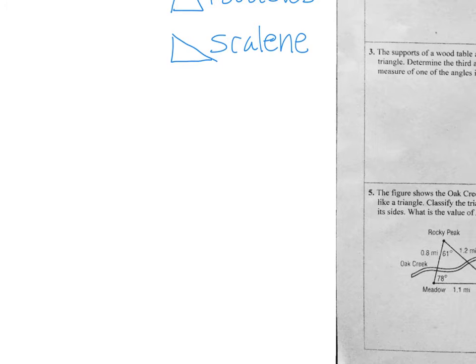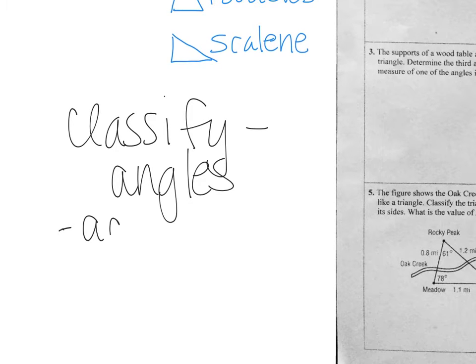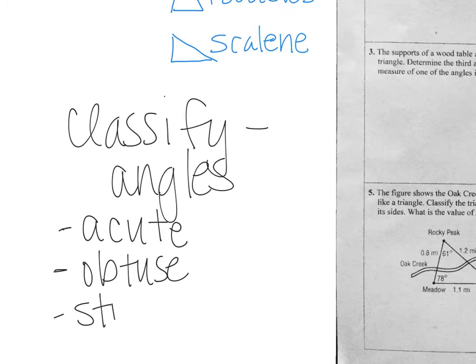Remember, we can classify, and we usually have acute, obtuse, and straight. And these are the main ones.